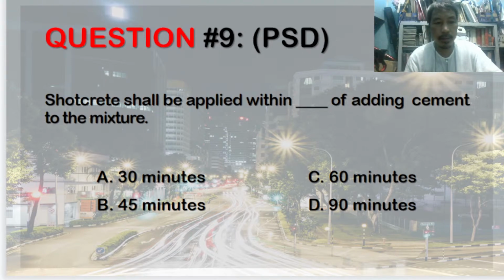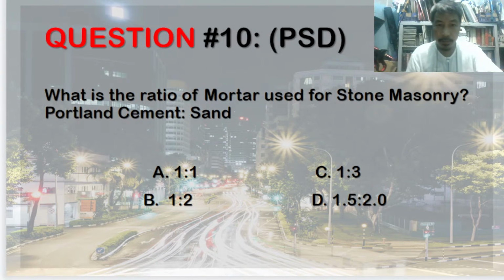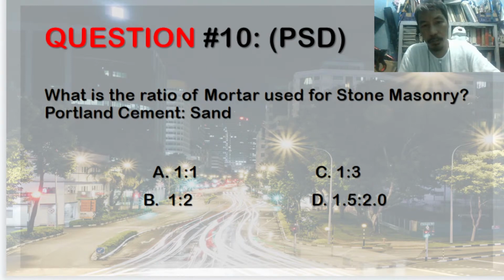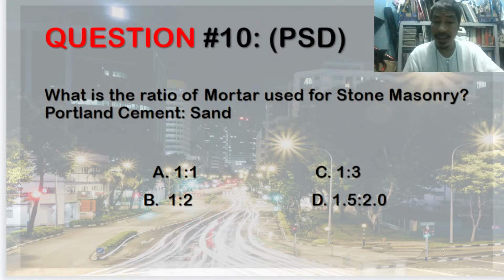Next, question number 10. What is the ratio of mortar used for stone masonry, Portland cement to sand? Mortar is a mixture of cement and sand. A, 1:1.